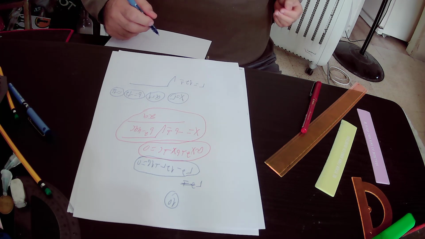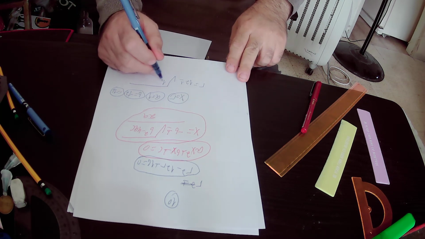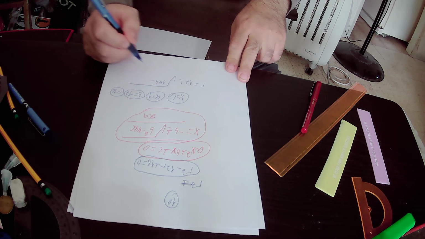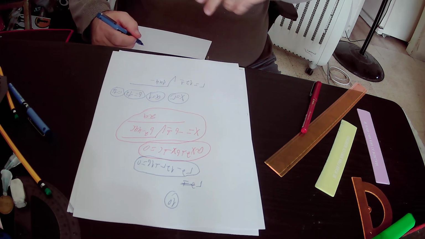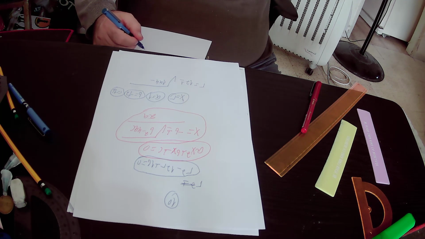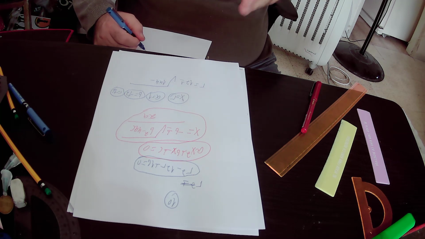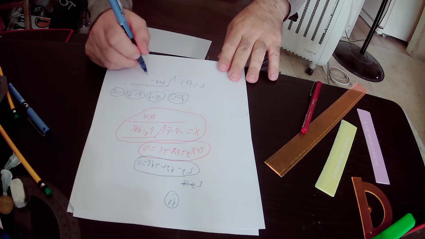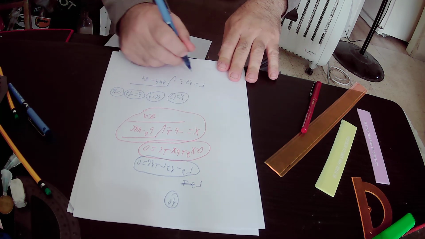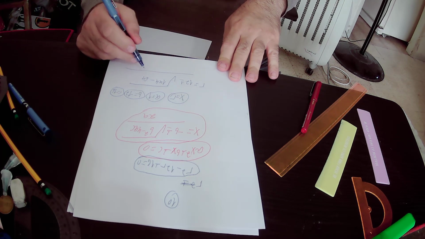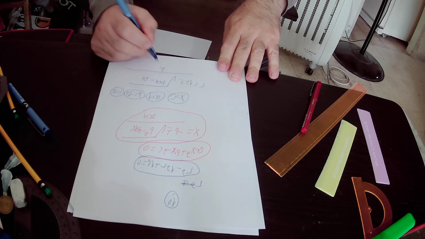Minus 12 squared is 144. Minus 4 times a is 1, so minus 4 times 1 is minus 4. Minus 4 times c is 16, so minus 4 times 16 is minus 64, over 2 times a is 1, so 2 times 1 is 2.